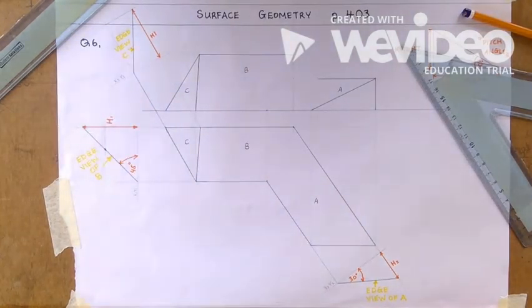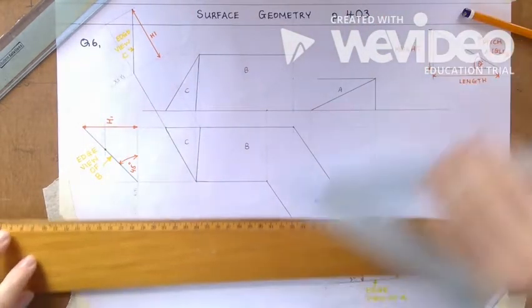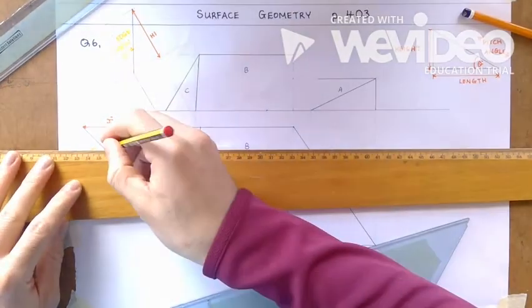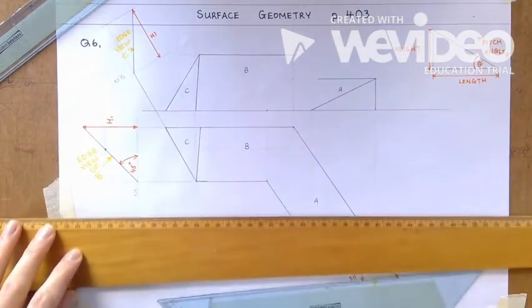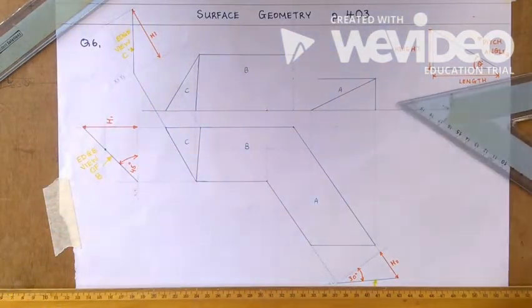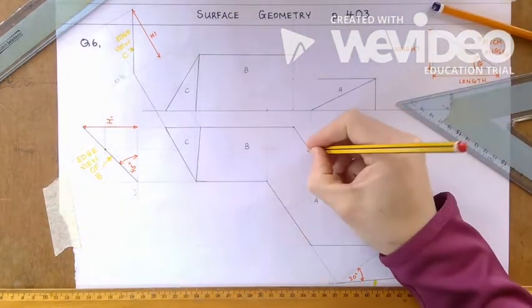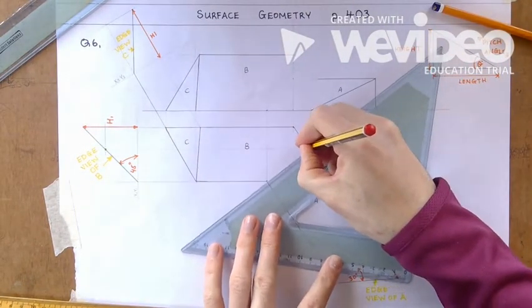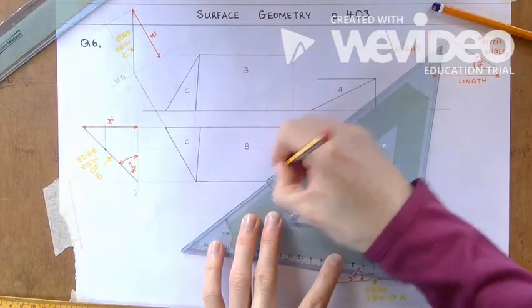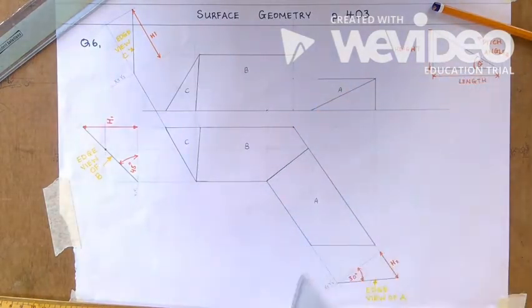What we're going to do now is bring that back then to our plan view. So there's that point right there, and then we join that up then to this point here. They share a common height at that point.